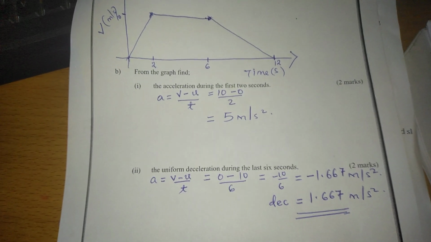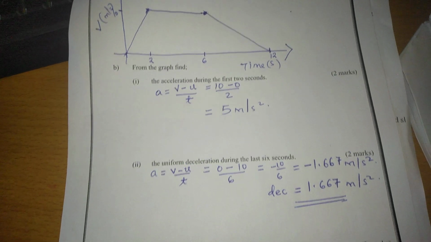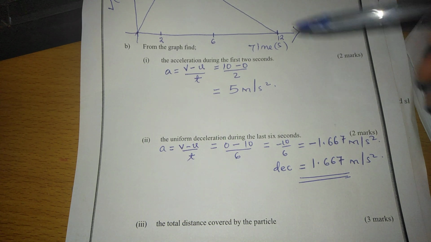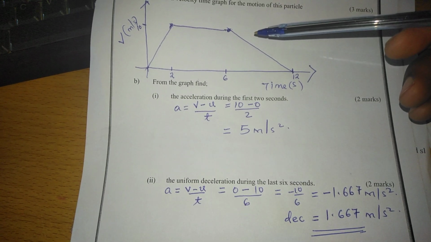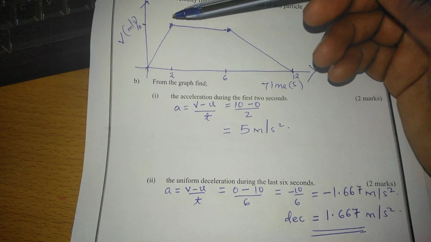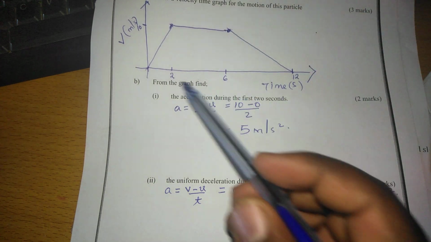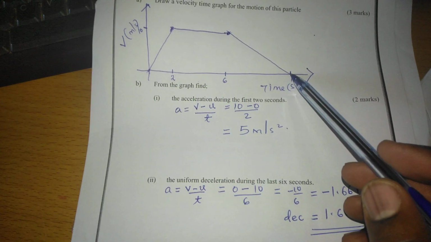Then finally we are told to find the total distance covered by the particle. For us to get total distance in part 3, getting total distance means getting the area under the graph. The shape of the graph is a trapezium, and we will consider these two parallel sides, whereby the length of the lower parallel side is 12.